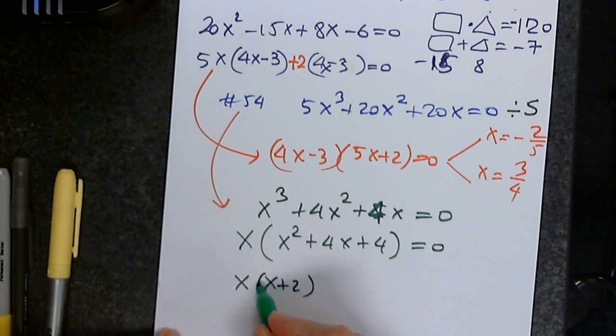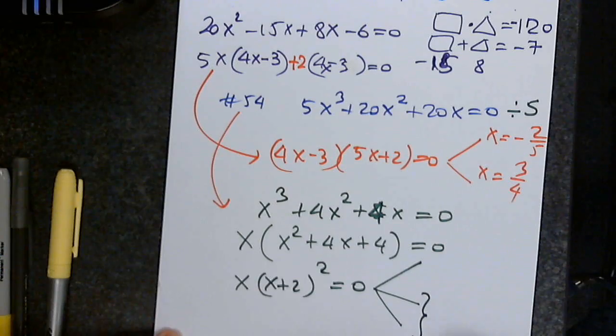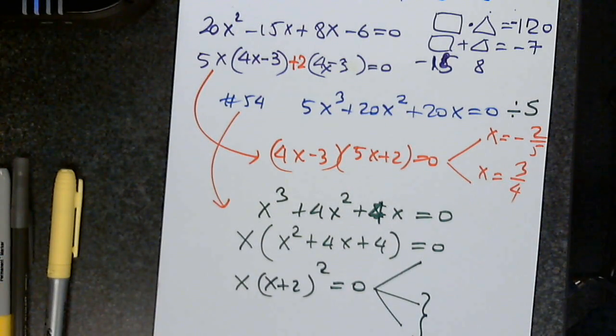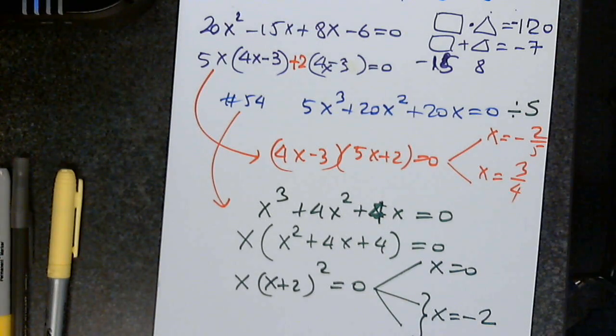So indeed, x plus 2 squared equals 0, and I have to get 3 solutions, and it appears that 2 of them will be the same. So one solution is x equals, yes, and from here x equals negative 2 twice. Very good. Okay, ready for more problems?